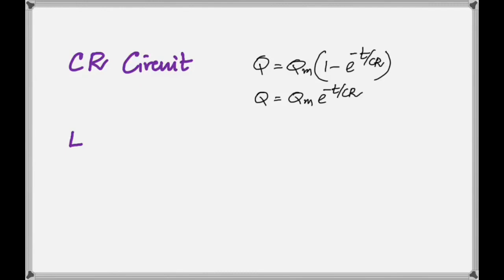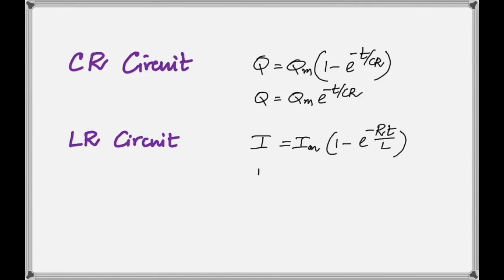You know what I'm trying to say? So just go around the formula and think about all the terms. And in an LR circuit, you have similar formulas, but instead of charge, it is the current that builds up, the current that grows or decays. And there is a difference, especially in this part, where the time constant is now inductance divided by resistance, right?